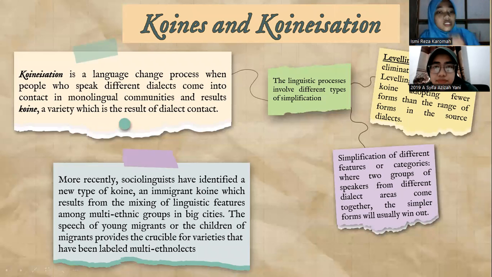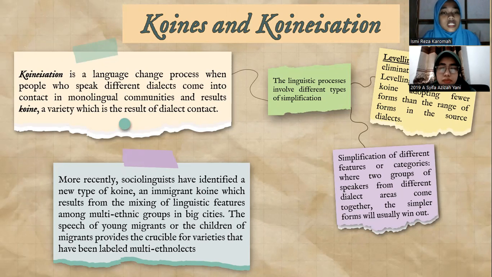More recently, sociolinguists have identified a new type of koine, an immigrant koine, which comes from the mixing of linguistic varieties among multi-ethnic groups in big cities. The speech of young migrants or the children of migrants provides the crucible for the varieties that have been labeled as multi-ethnolects.